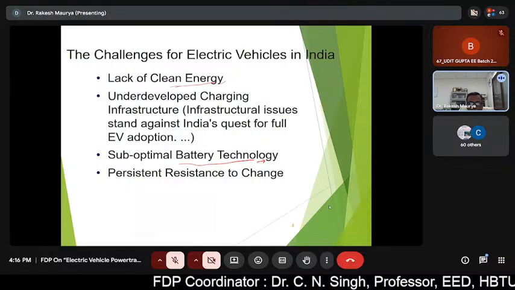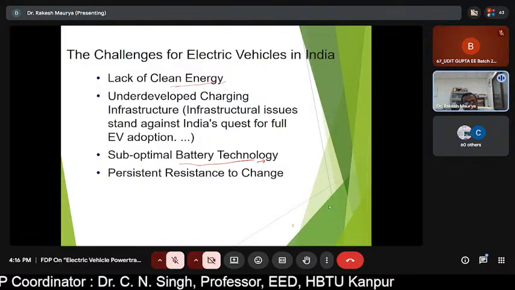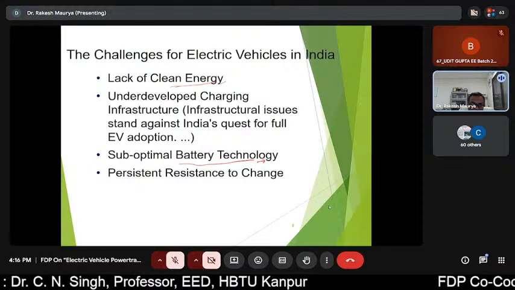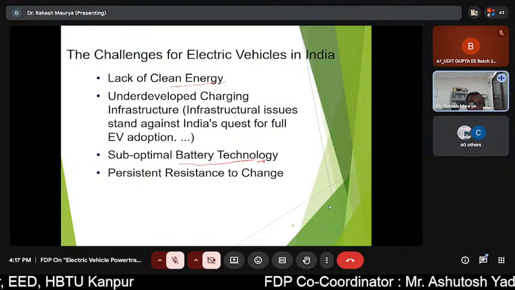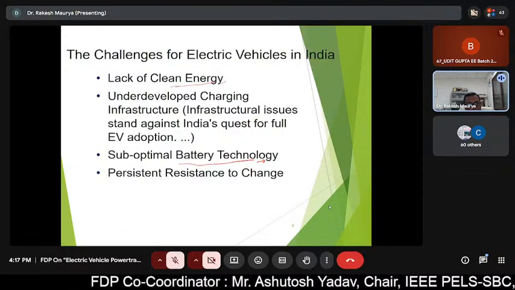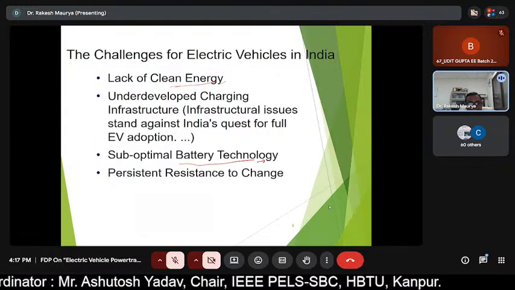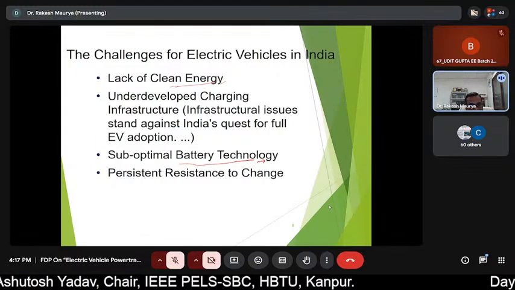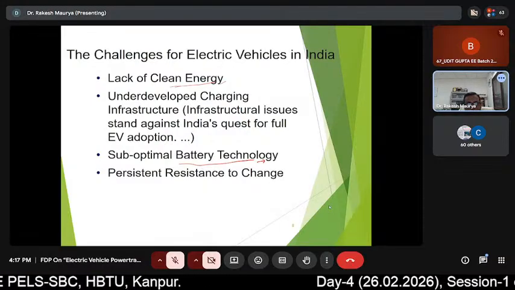It is being used widely even in rural areas. But the charging infrastructure available in the society is very less. They are using their home socket at their village, at their home, to charge the vehicle. So we need to strengthen our existing infrastructure and make a setup, and then we can facilitate more electric vehicles.